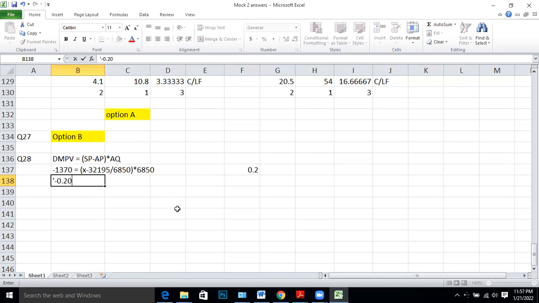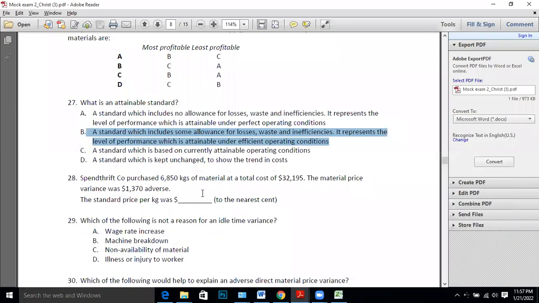Minus 0.2 equals x minus 32,195 divided by 6,850, which is 4.7. So take it to the other side, x will be 4.5. You have the answer x equals 4.5.